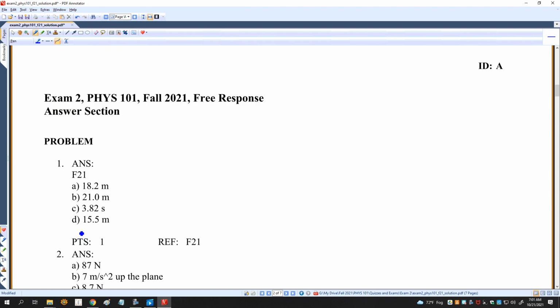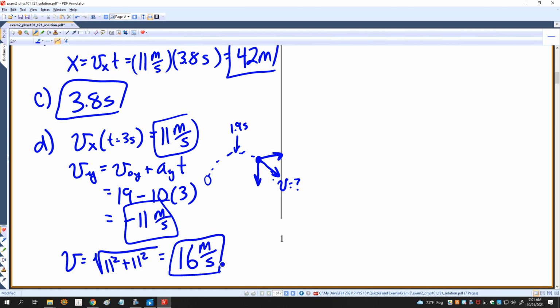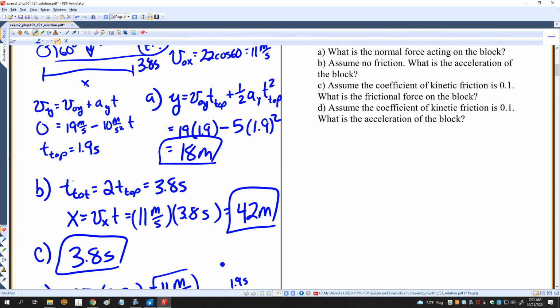So in order to find that, I say V at that point is equal to the square root of 11 squared plus a negative 11 squared, and that is equal to 15.6 or 16 meters per second. Okay, so that's the first one.